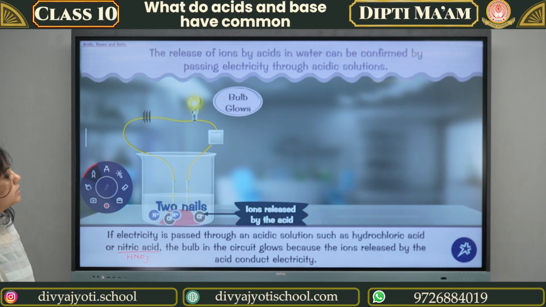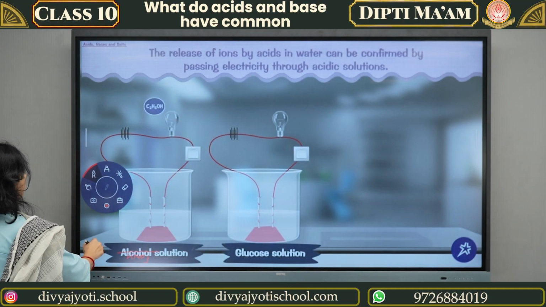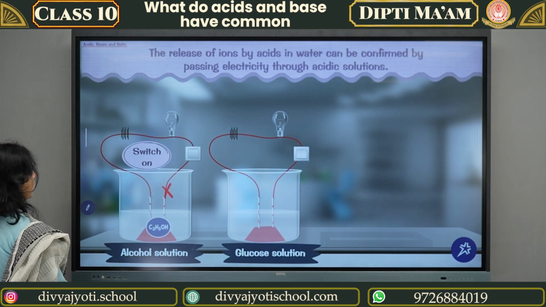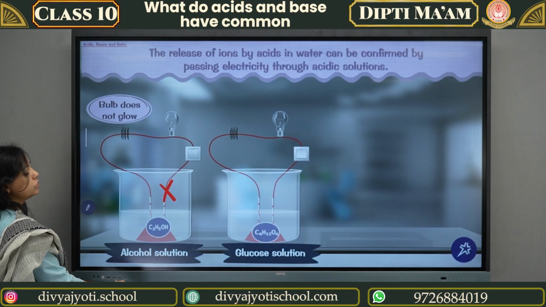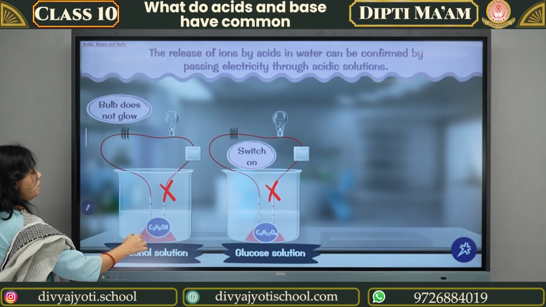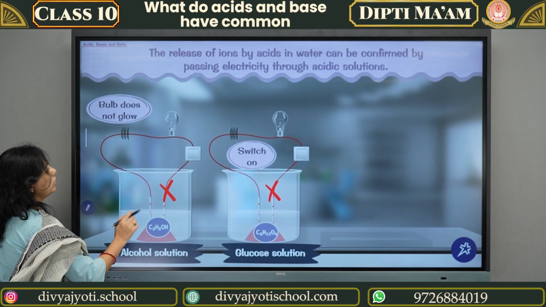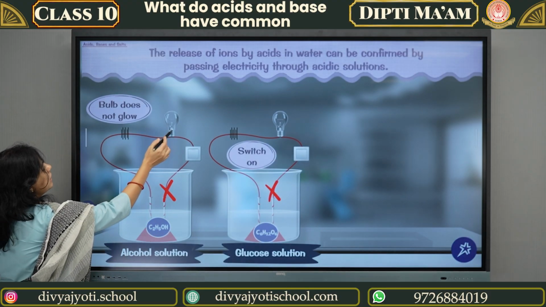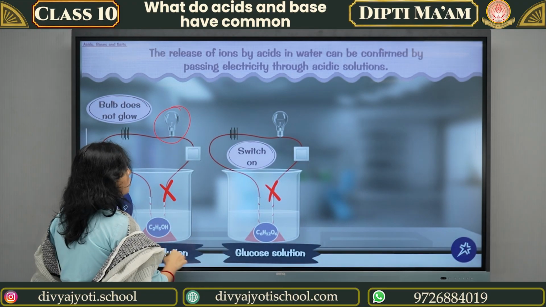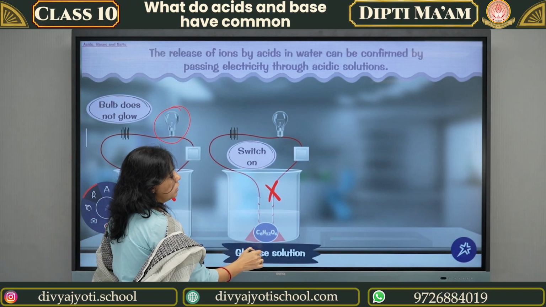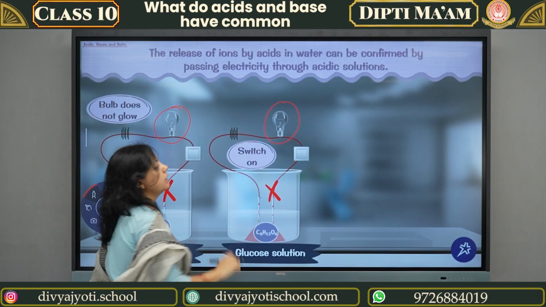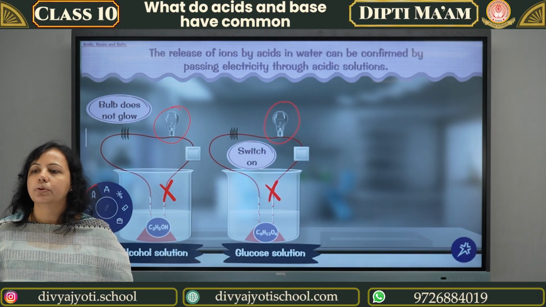Now instead of this, suppose I take two solutions: one is an alcoholic solution, another is a glucose solution. Whenever I pass the electric current through the alcoholic solution, the observation is that the bulb is not glowing. Instead of the alcoholic solution, suppose I take the glucose solution, then again you observe that on passing the electric current, the bulb is not glowing.